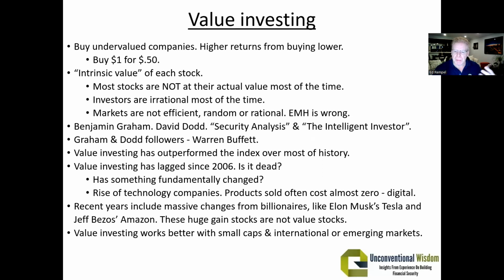So it changes the way calculations are done, and it's brought some huge gains by specific companies. For example, Elon Musk's Tesla and Jeff Bezos' Amazon. And so a few of these big companies in the last 15 years have mushroomed largely, and value investors wouldn't have those. So that may be a factor.